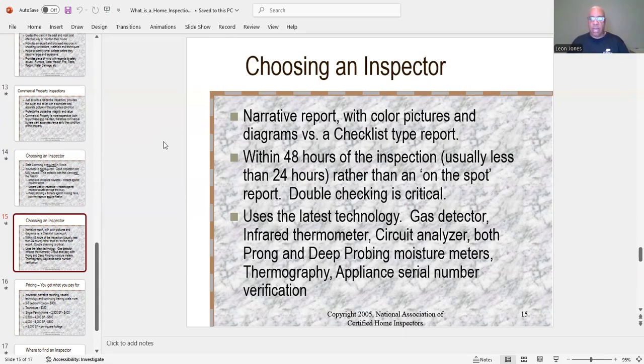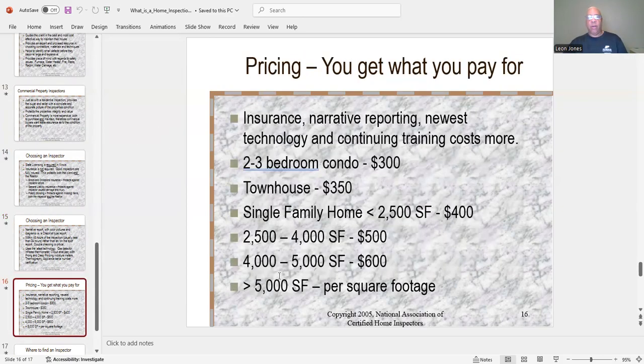Use the latest technology, like a gas detector, infrared thermometer, a circuit analyzer, both prong and deep probing moisture meters, thermography, appliance serial number verification, and something else, and this is key, pricing. You get what you pay for.